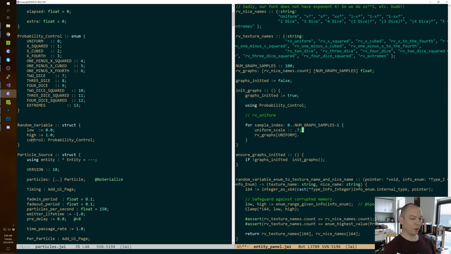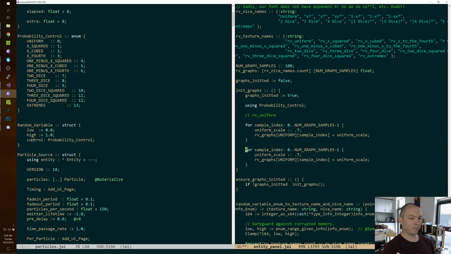We're sort of picking an arbitrary y value for this to look good. We just want it to be a horizontal line. So RV graphs sub uniform sub sample index equals uniform scale. Okay, that's fine. And you know what? We're just going to go ahead and do the right things here.